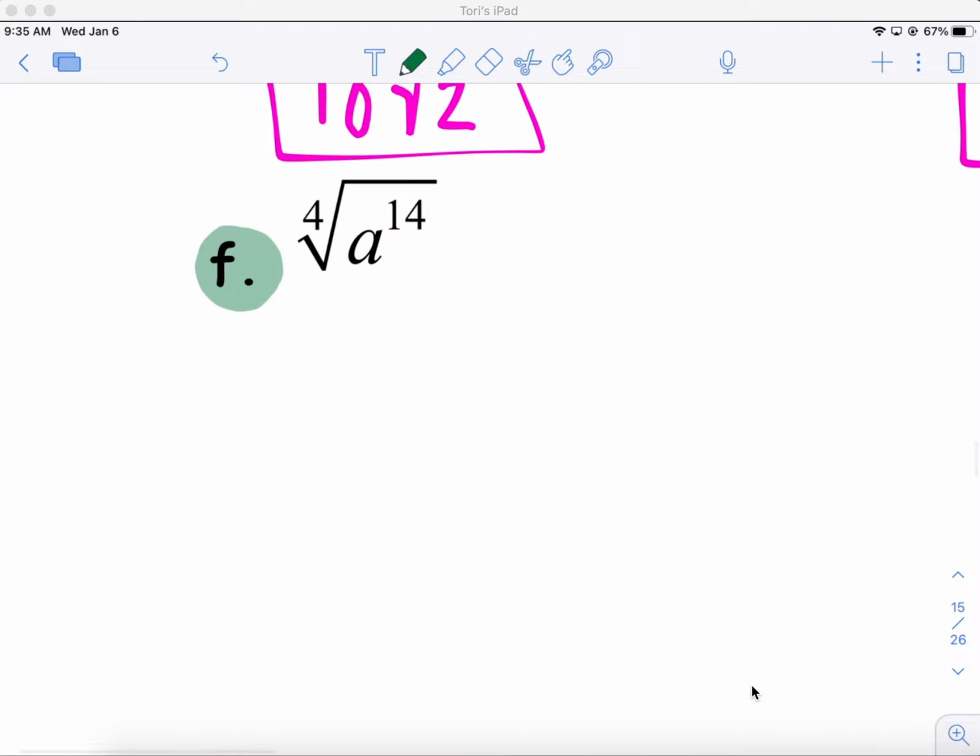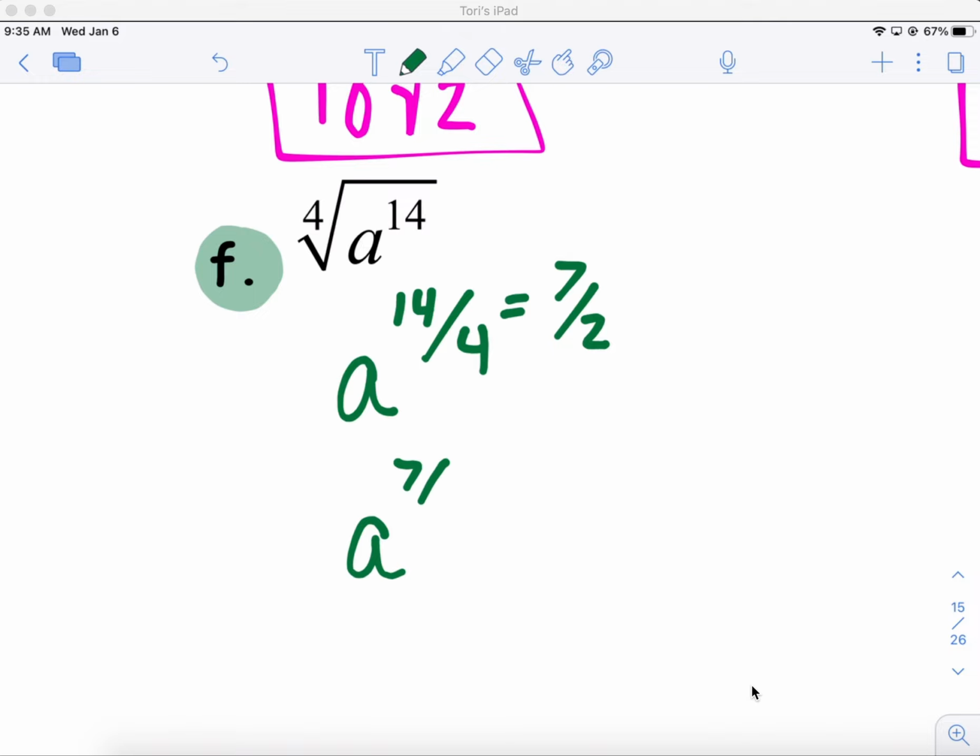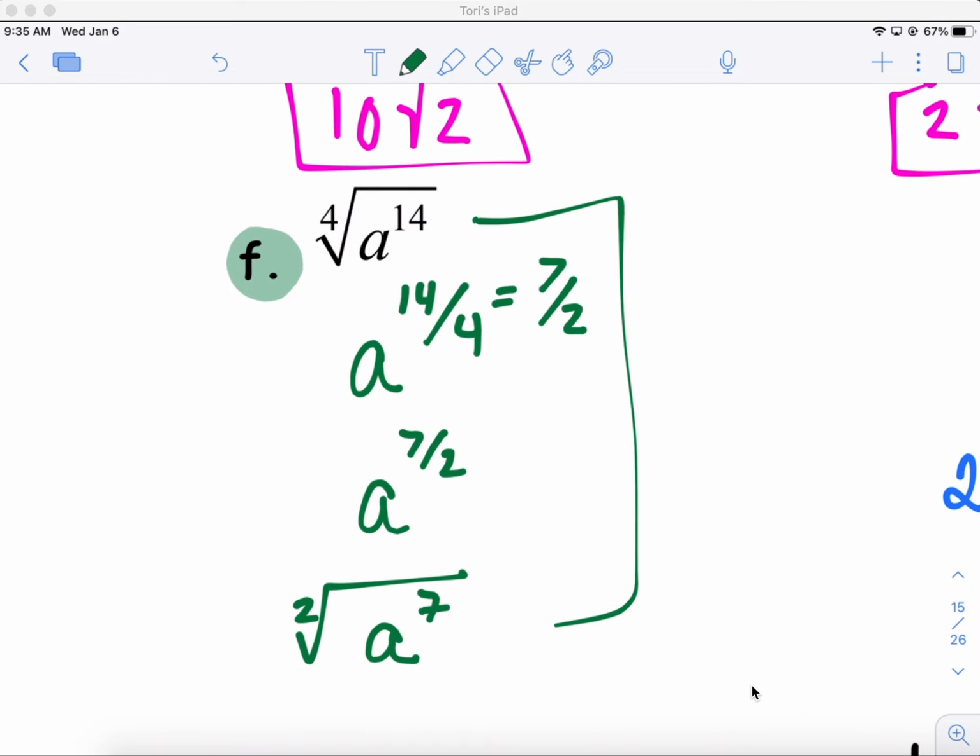If we look at f, I could rewrite this as a to the 14th over 4. Now we know 14 over 4 is the same as 7 over 2. So I could rewrite that by thinking about the 2 is my square root and my a would go to the 7th power. These are the exact same thing, just simplified.